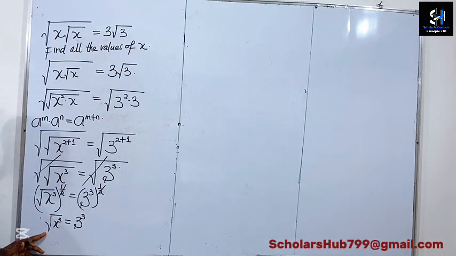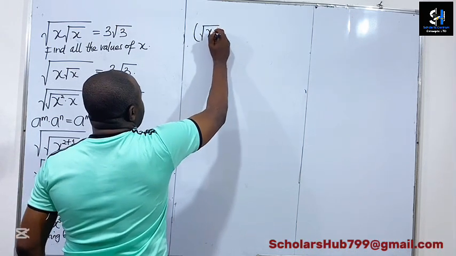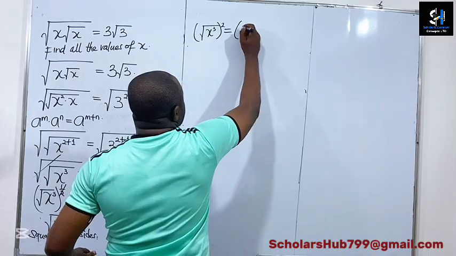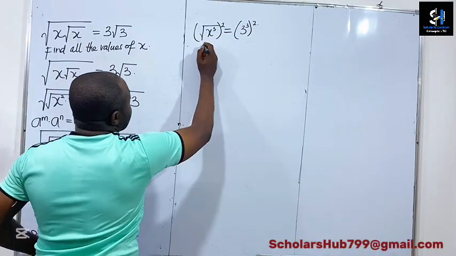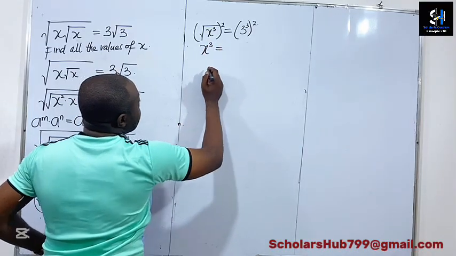Now let's get rid of the square root, and to do that we square both sides. By squaring both sides, we have the square of the square root of x cubed equals the square of 3 cubed. So this will disappear.